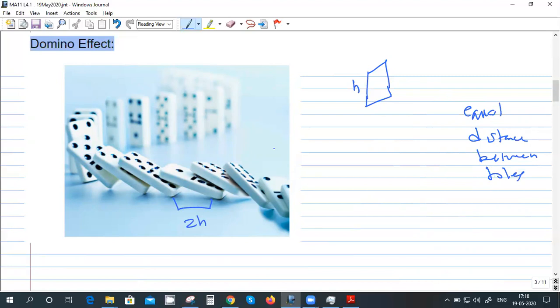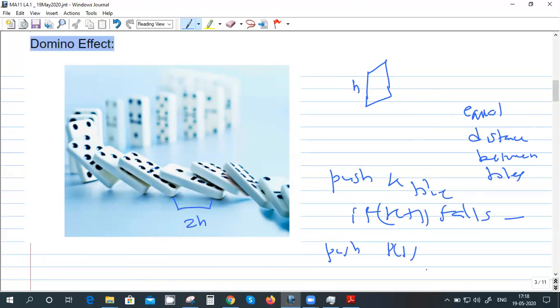The only condition I have to check is whether h is greater than the separation between the two tiles. So for that, what I'll do is I'll push the k tile. If k plus 1 falls, then I'll note this result. Then I'll push p1. And if p2 falls, then I'll say all the tiles will fall.